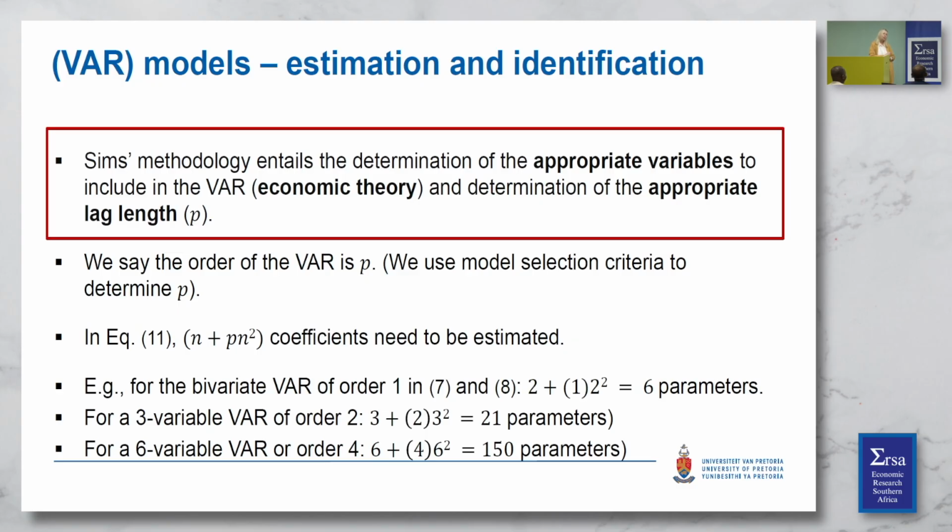That's a large demand on your system. So that means you may want a sufficient number of observations to allow for that and not run out of degrees of freedom.